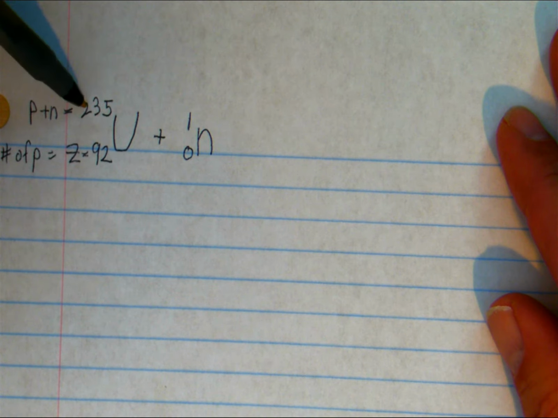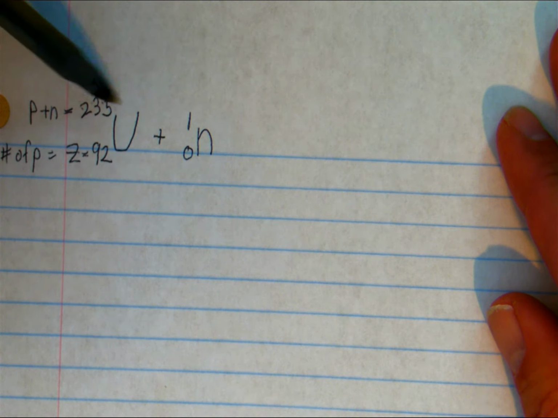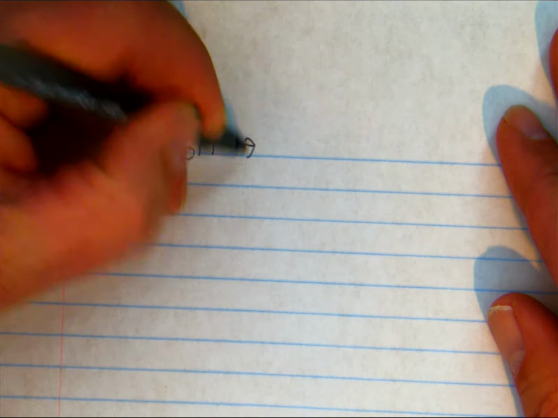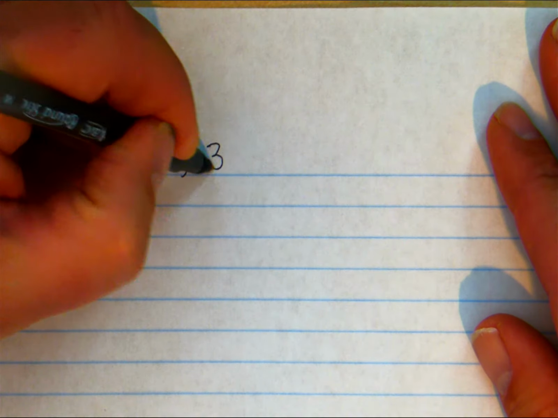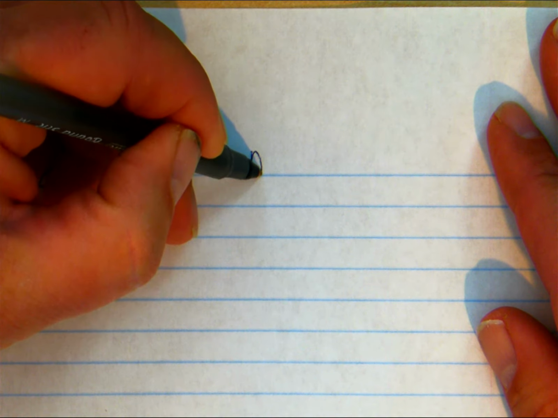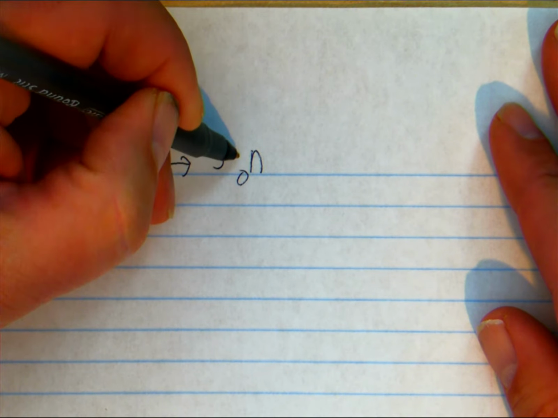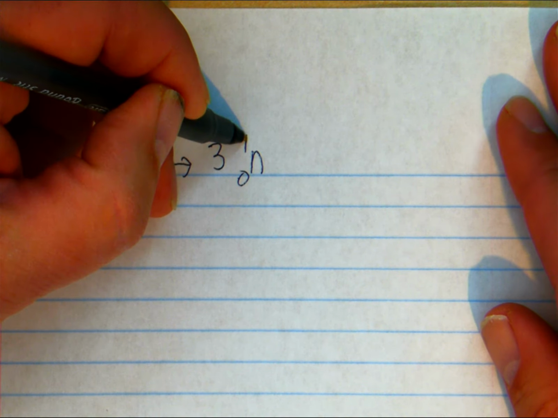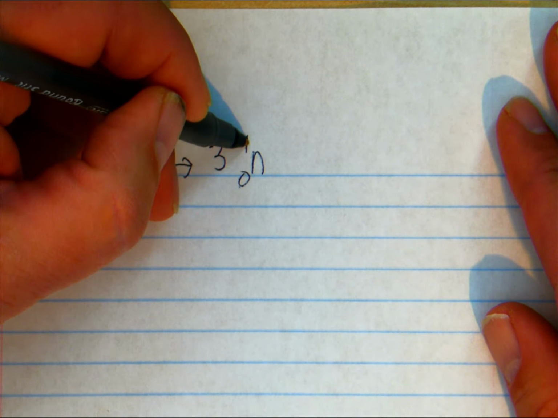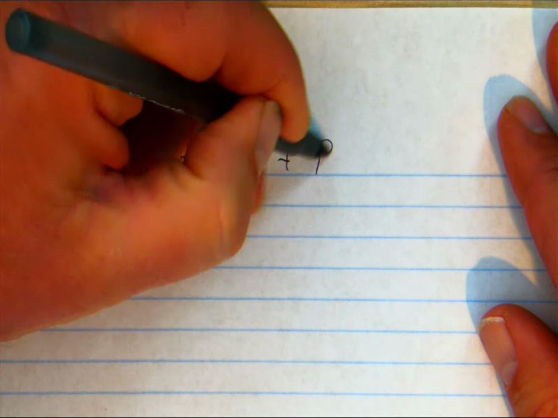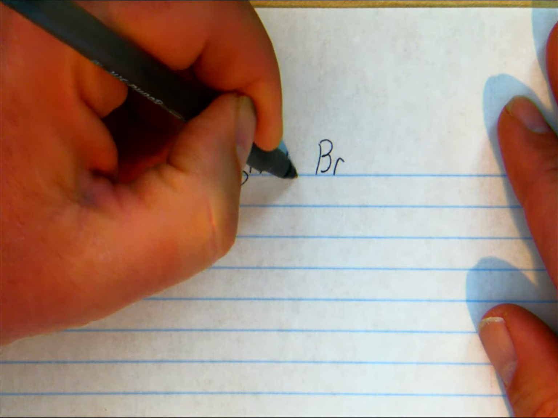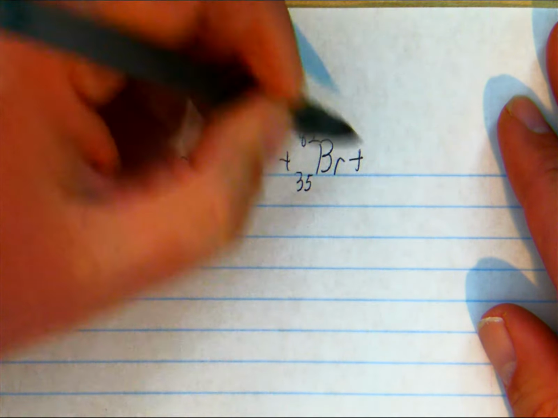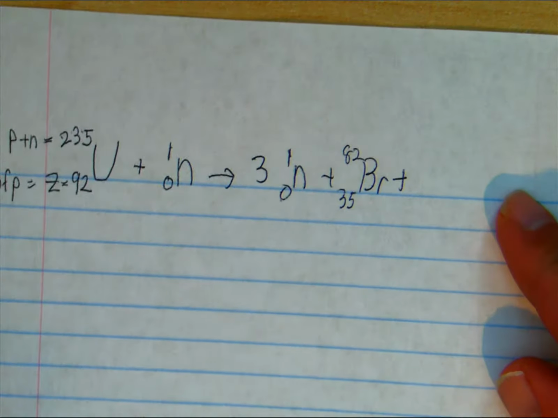So if I have a total mass of 235 and I add to it a mass of 1, then afterwards, here's what it says on this equation. I have 3 neutrons, which have 0 electric charge and a mass of 1, 0 protons, and that. And bromine, atomic number 35, atomic mass 82, and so the question is, what goes in this blank?